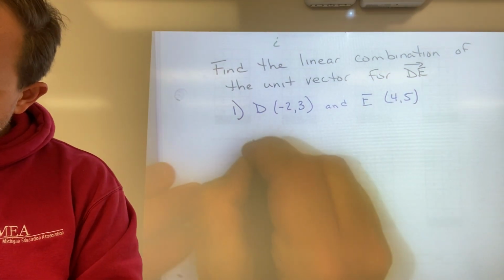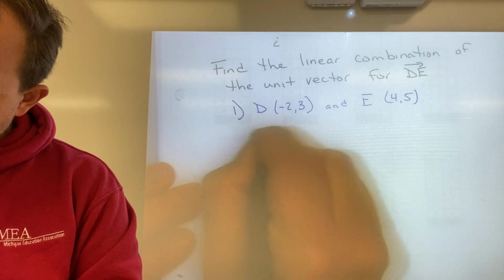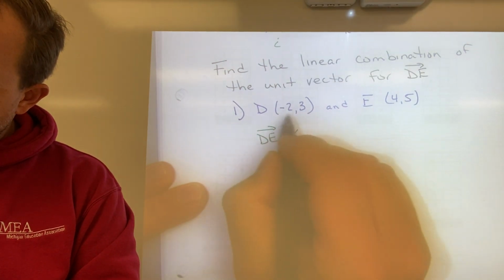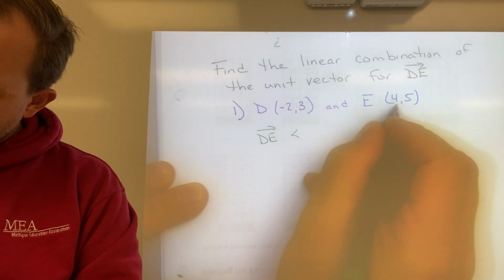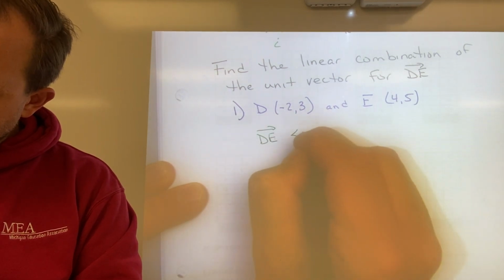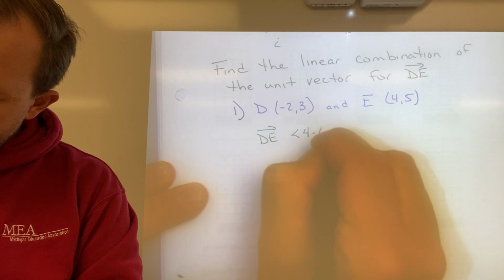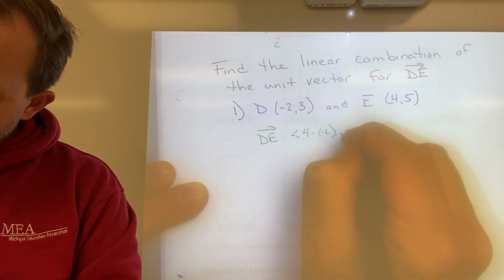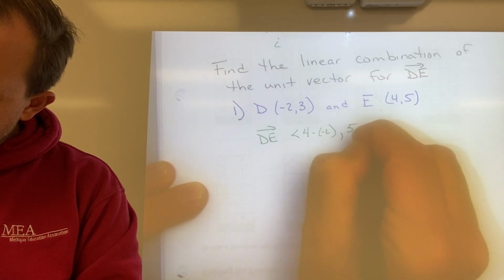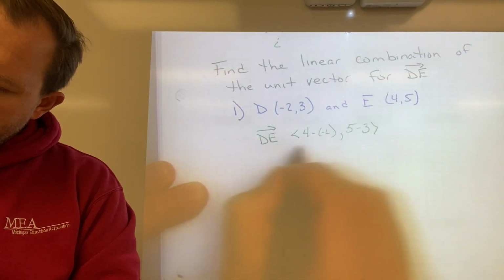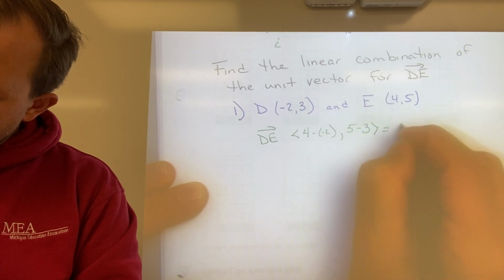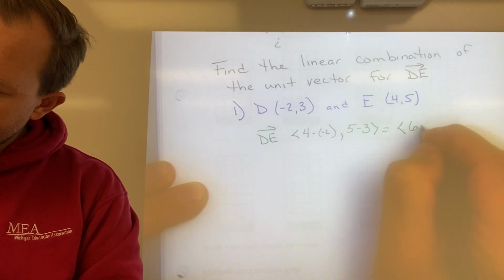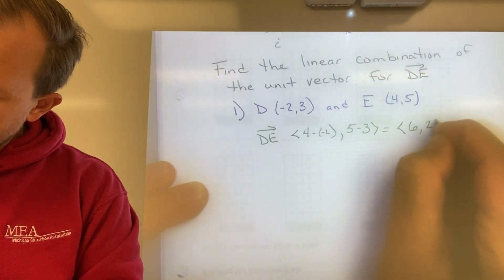So to find that, DE is x2 minus x1, so 4 minus -2, and 5 minus 3. 4 minus a -2 is 6, and 5 minus 3 is 2.